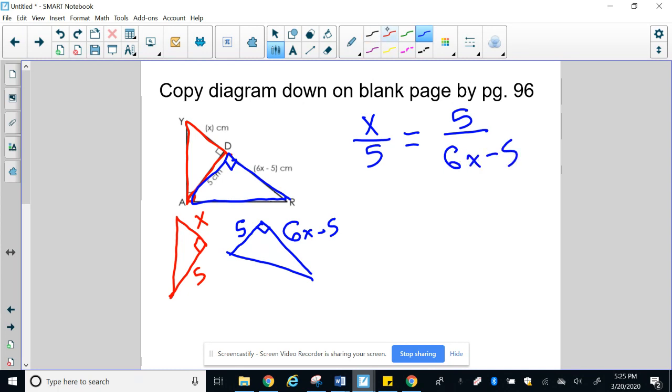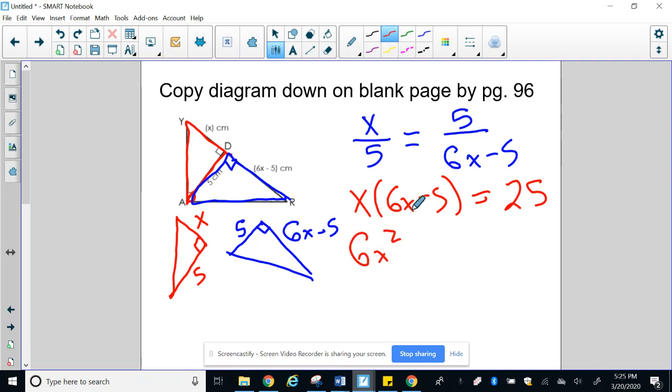Now we cross multiply. Okay, so x will get multiplied to the 6x minus 5 equals 5 times 5, 25. Okay, so now we solve. So x times 6x, 6x squared, x times negative 5, minus 5x equals 25.